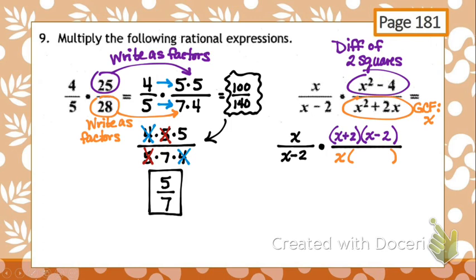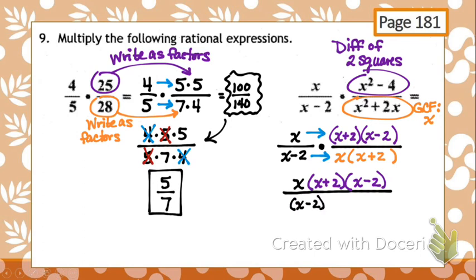What am I going to have inside these parentheses? X plus 2. We multiply straight across, so I'm going to write it as one single fraction, and I'm going to see what cancels. So I have x times x plus 2, times x minus 2. Down on the bottom, we had an x minus 2, and then I have an x and an x plus 2.